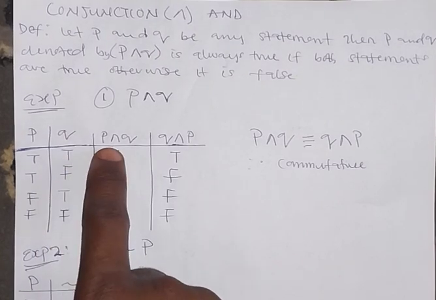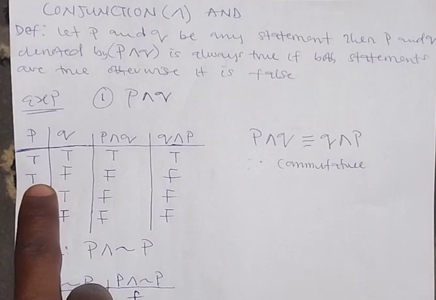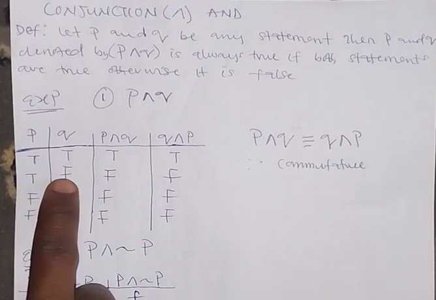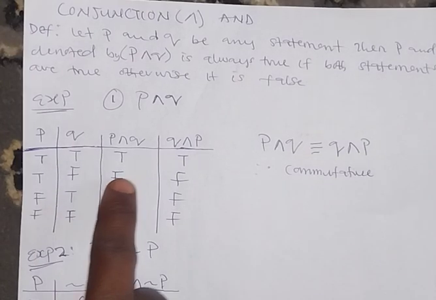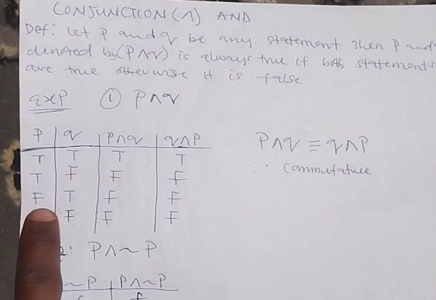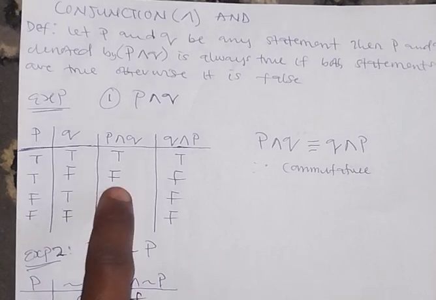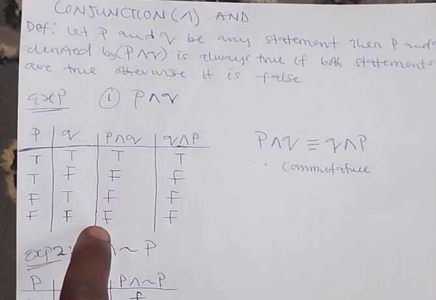So our P and Q is going to be true. For the second one, under P we have true and here is false. So it is the otherwise. That's why we're having false here. If you check again, both statements are not true, then it is false.